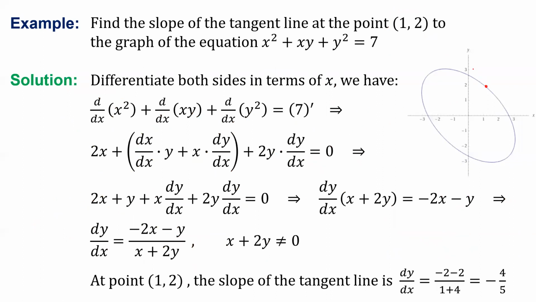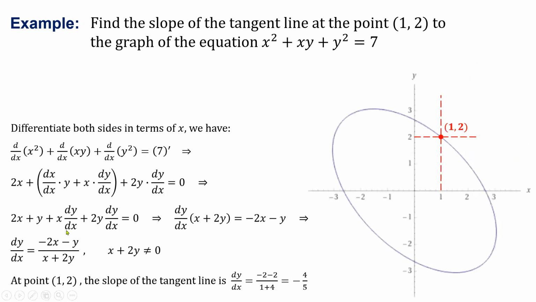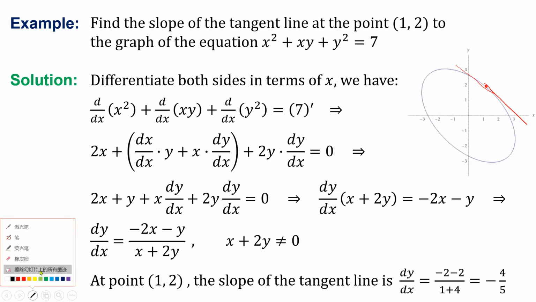The slope of this line is a negative number, minus 4 over 5, like this. Okay, have a look at this question. Any problems, just let me know, okay? This is the tangent line at this point (1, 2).